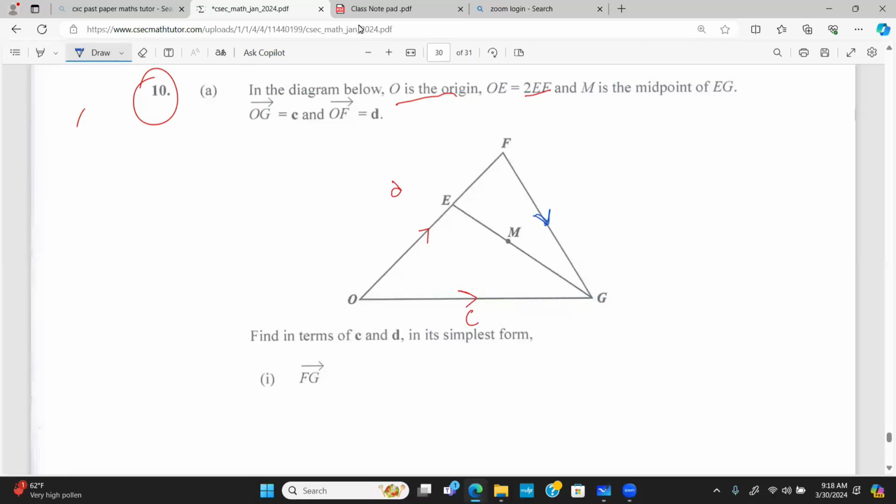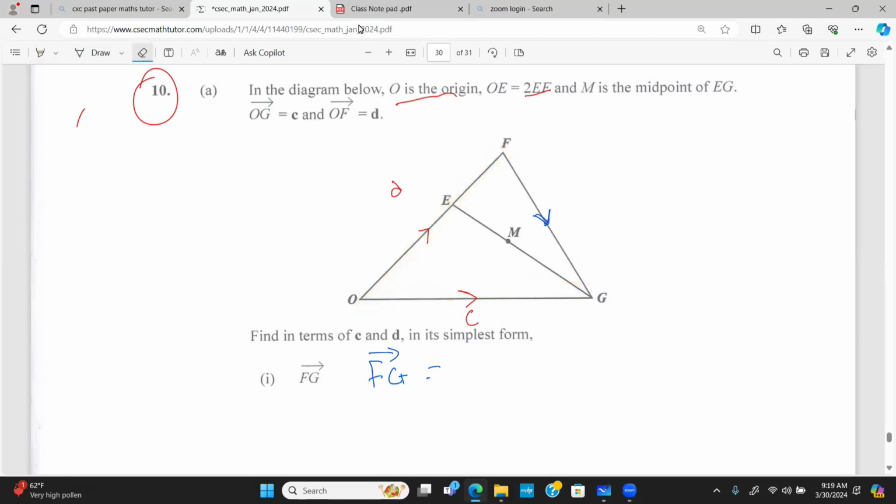All right, so we can find FG by moving from F. I'm going to just quickly put some ideas here. We could move from F to O, then move from O to G, and we're there.